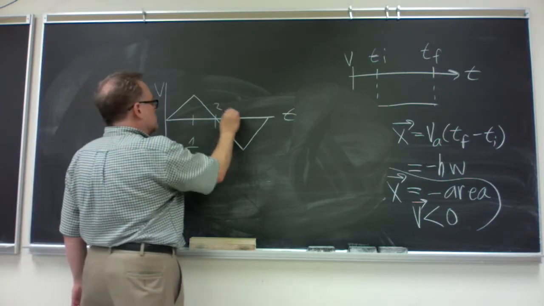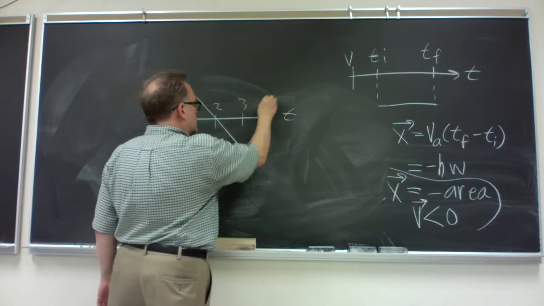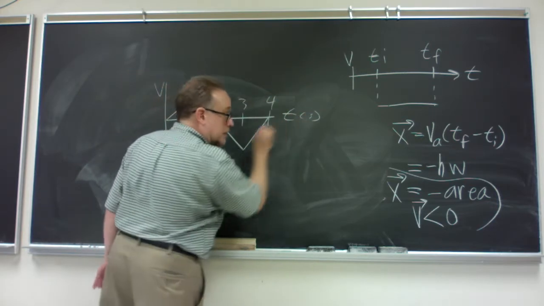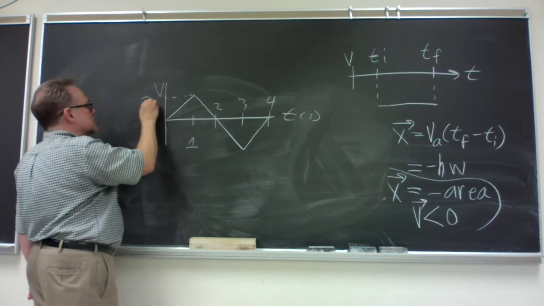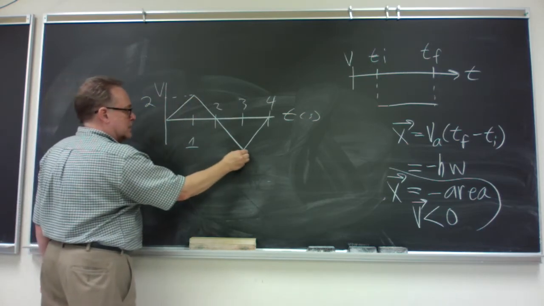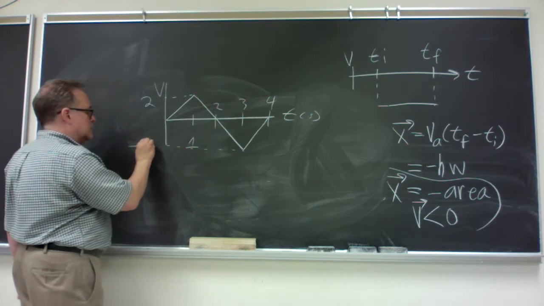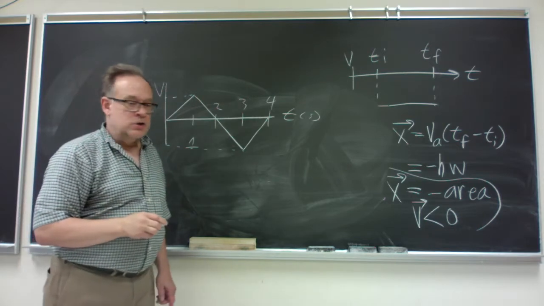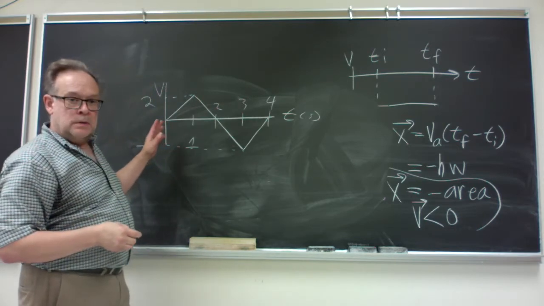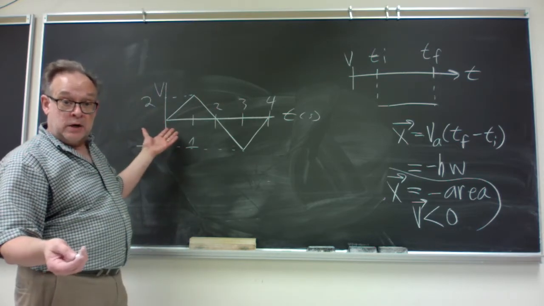1, 2, 3, 4 seconds, and this speed here we'll say is 2 meters per second, and then this velocity here is minus 2 meters per second. So displacement is area.